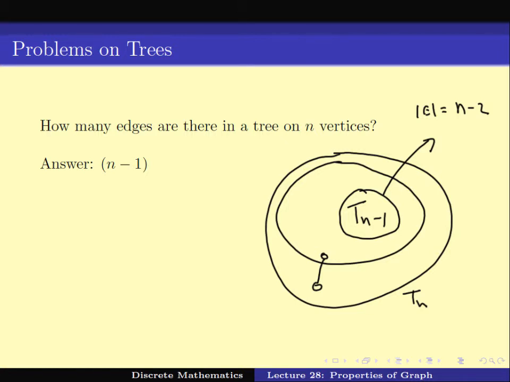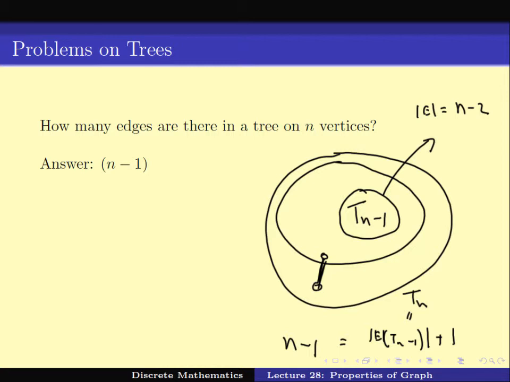And how many edges are there in Tn? It is the number of edges in Tn minus 1, plus this edge, plus 1, which is n minus 2 plus 1, which is n minus 1. So by using induction, one can prove it, along with the other properties that we have used. What properties have we used?